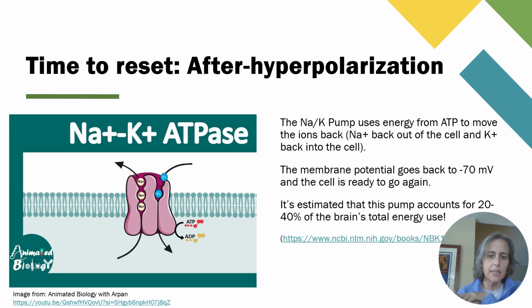It's going to split ATP into energy and ADP, so it can move the potassium ions back into the cell and the sodium ions back out of the cell. So it's going to go to work and pump everything back to its starting concentrations, back to lots of sodium outside of the cell and lots of potassium inside of the cell. And our membrane potential is going to go back to that -70 millivolts.